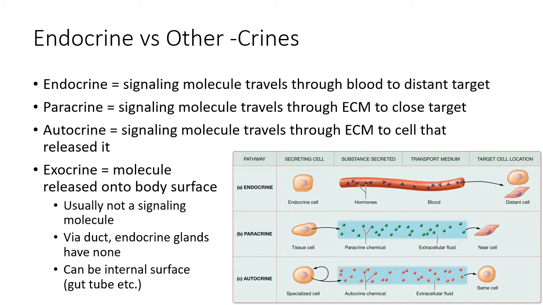So when the pancreas releases digestive enzymes into your intestine, that is exocrine secretion. But when the pancreas releases hormones into the blood, when it releases insulin into the blood, that is endocrine secretion. So paracrine and autocrine are types of cell communication. Exocrine is a type of secretion. Endocrine is both a type of secretion and a type of cell communication, all based on hormones.